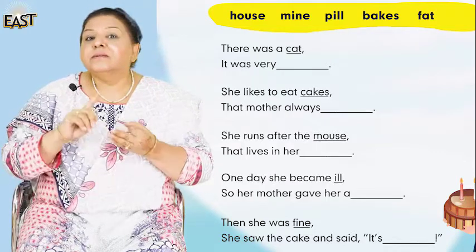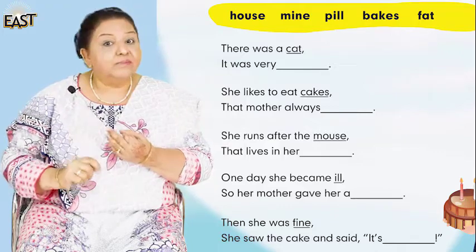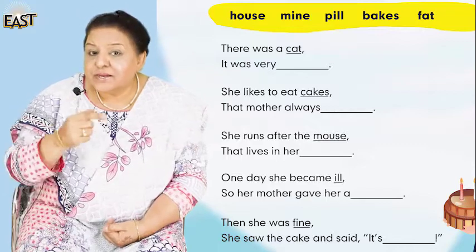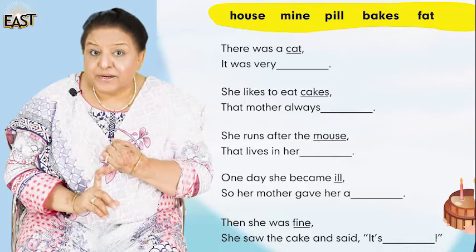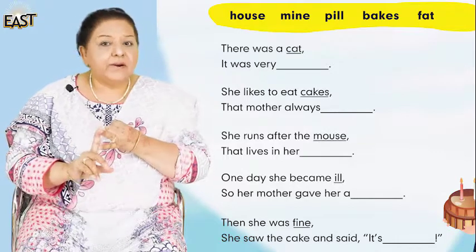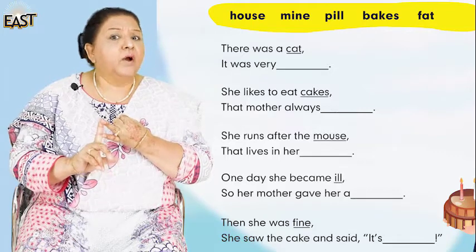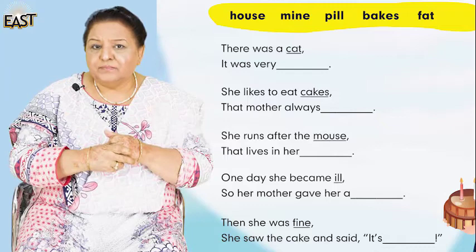And then sequencing. What line comes where? And then you're going to read it again to see if you've written it very neatly, if there are any spellings, because right now you have a lot of word power. You can do that very well.